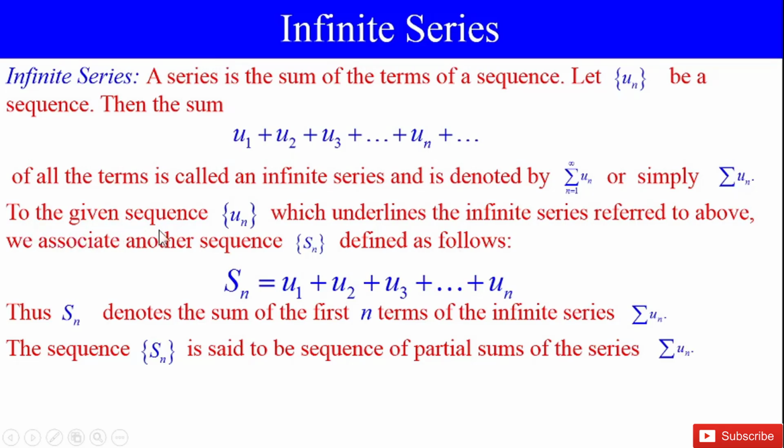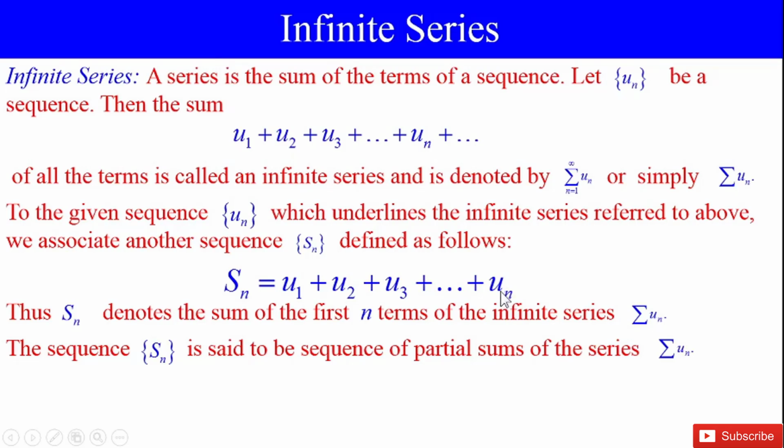To the given sequence un, which underlies the infinite series referred to above, we associate another sequence Sn defined as follows: Sn is equal to u1 plus u2 plus ... plus un.